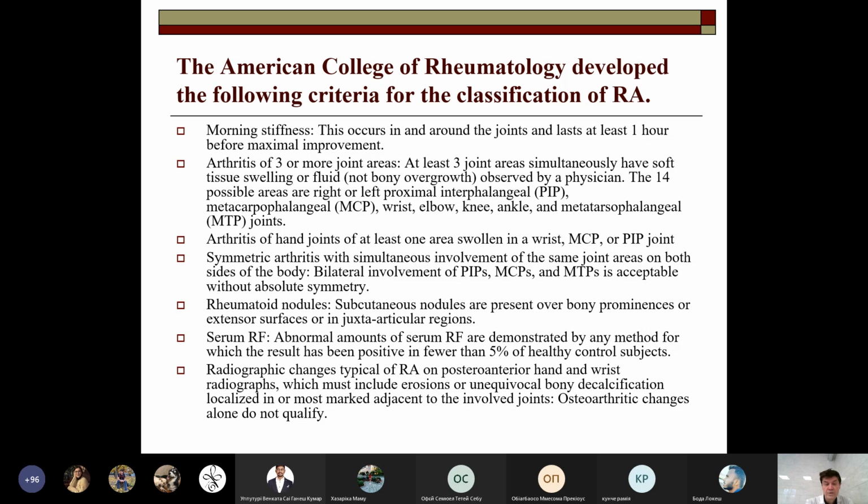Rheumatoid nodules refer to subcutaneous nodules present over bony prominences or extensor surfaces or in extra-articular regions. Several rheumatoid factors, along with other serological molecules available today, are generally recommended to demonstrate whether the seropositive or seronegative variant exists in these patients.